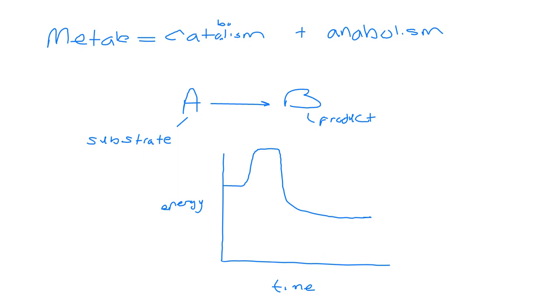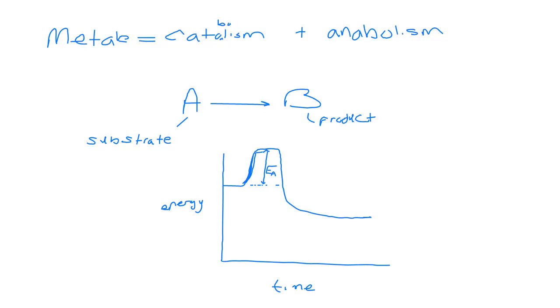What is the rate limiting step for this reaction to occur is this hump. This input of energy that is required to get the party started. This energy hump, we call the activation energy. The little A right here that I'm trying to draw is activation, and capital E is for energy.